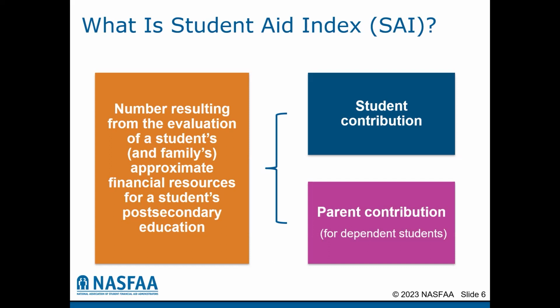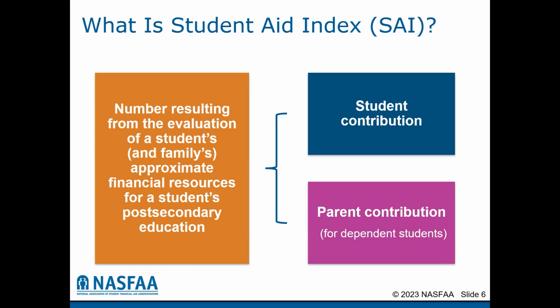The SAI does not indicate what dollar amount the family is expected to pay to the college, but is used in determining a student's financial aid eligibility. The Student Aid Index is calculated using data from the FAFSA in combination with a federal formula. The SAI is the same regardless of what college or university the student attends.